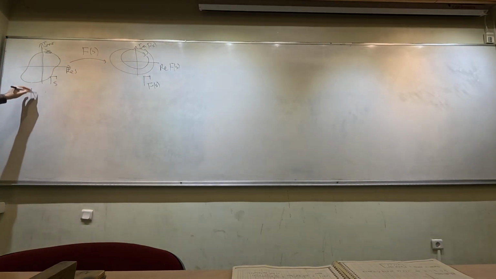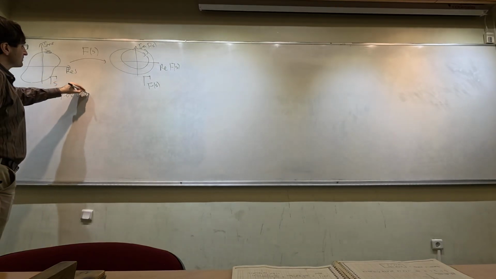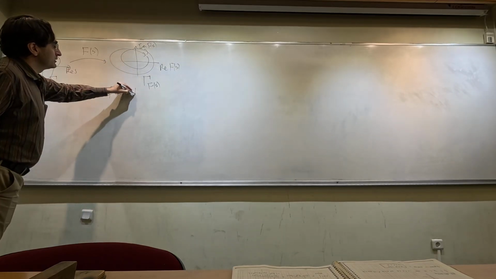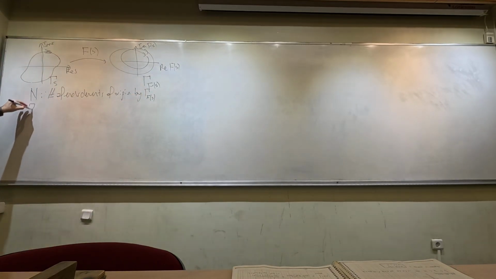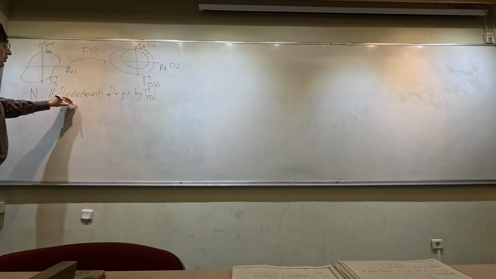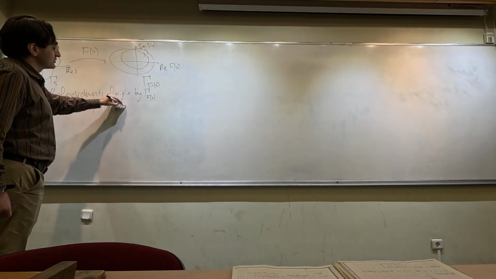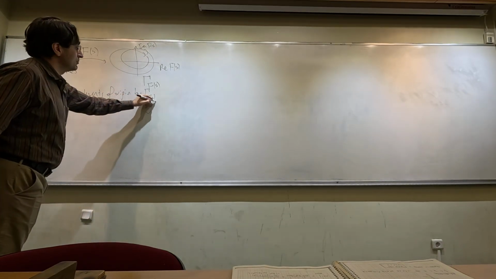We have defined n as the number of encirclements of origin by gamma f of s. And we define z as the number of zeros of f of s encircled by this gamma s.